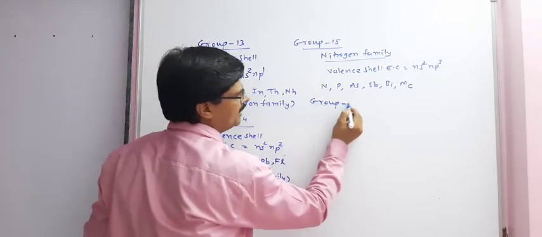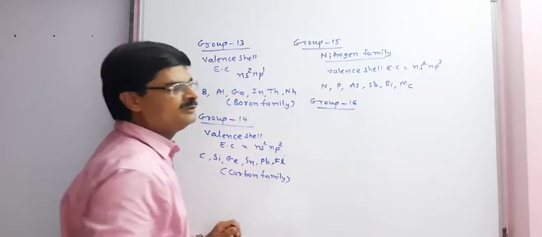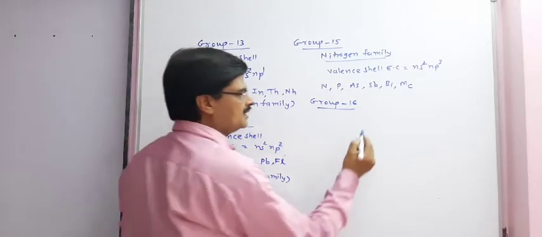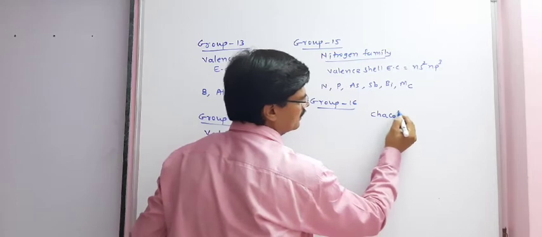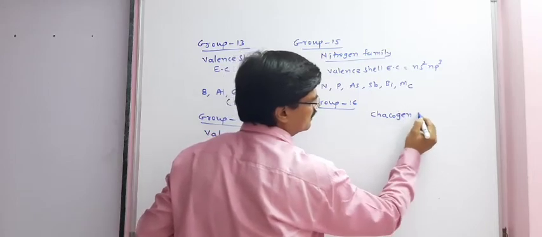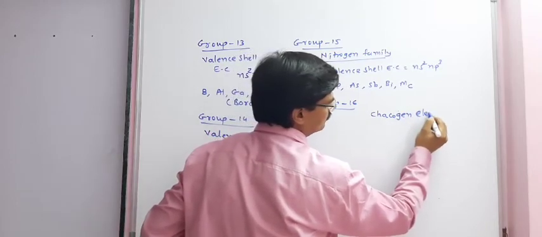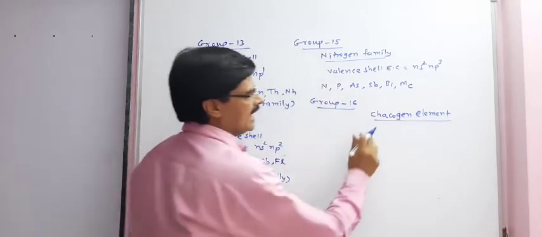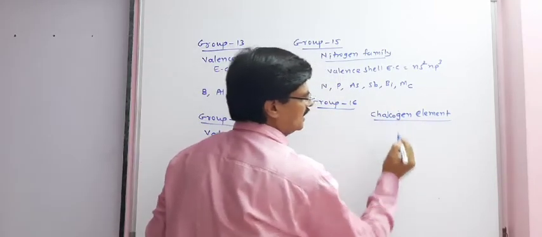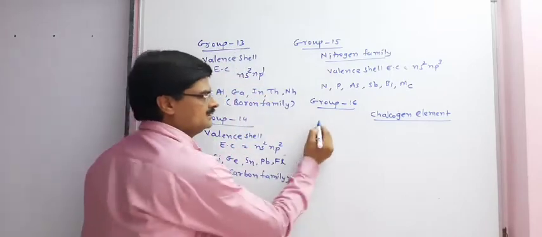Now group number 16. Elements present in group number 16 are also known as chalcogens.